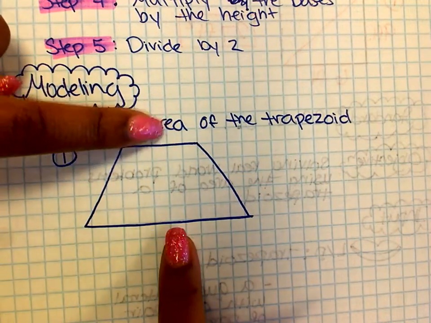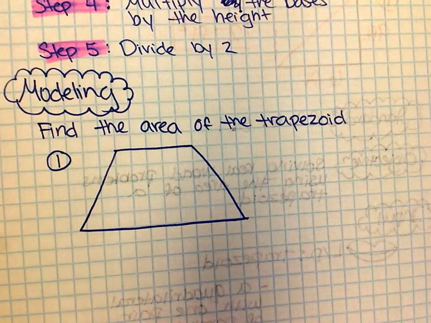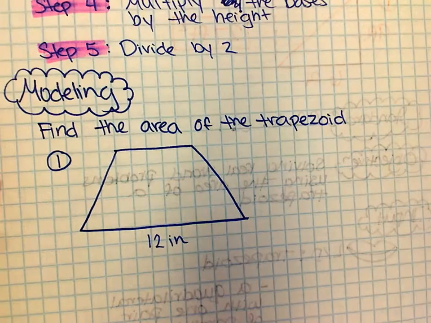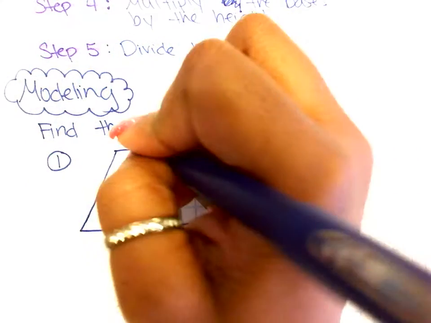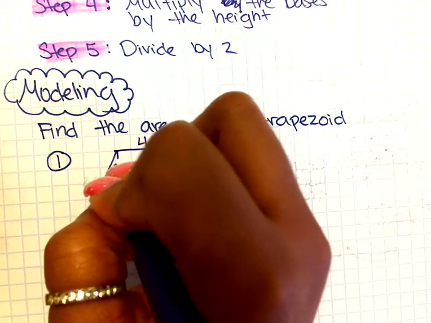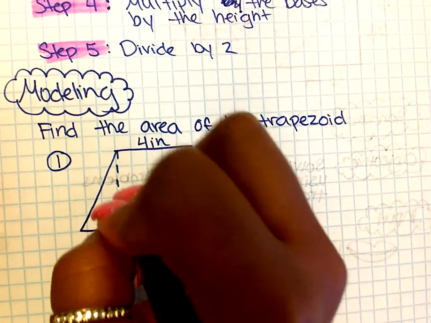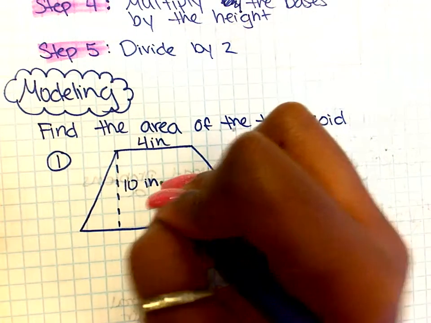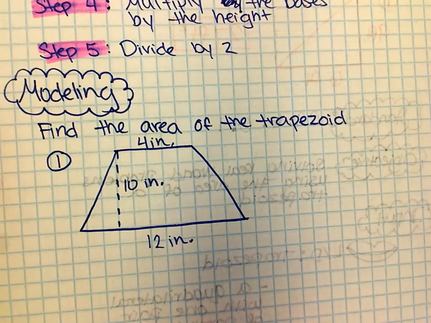I have one pair of parallel sides. One base is 12 inches. The other base is 4 inches. And my height is 10 inches. Go ahead and draw that.